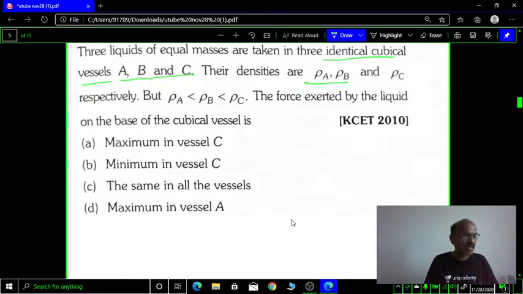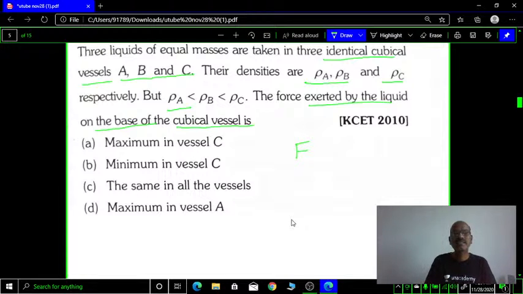Their densities are rho A, rho B, rho C respectively, but the density of A is less than B, B is less than C. The force exerted by the liquid on the base of the cubical vessel is, right? Yes, you know that in this case the pressure exerted will be, what is that?